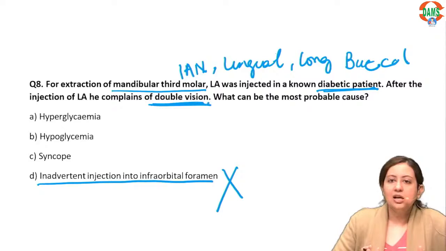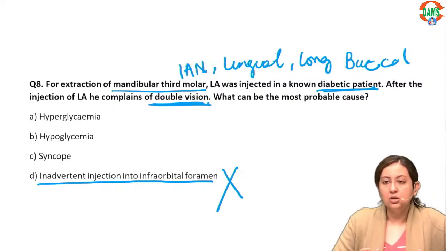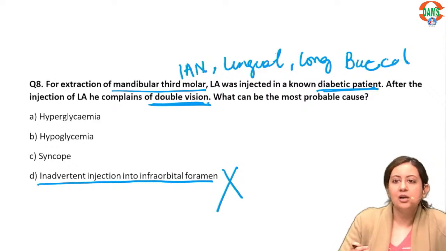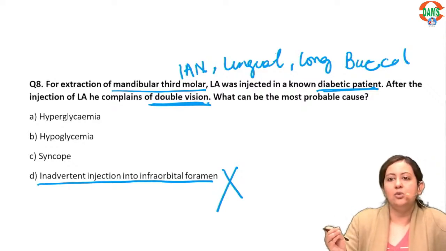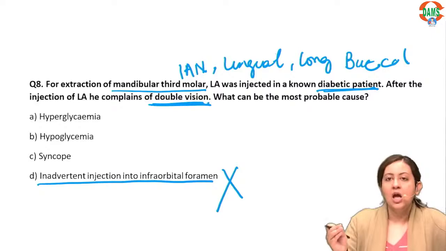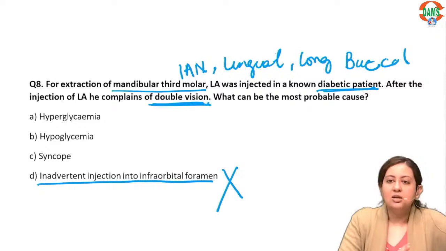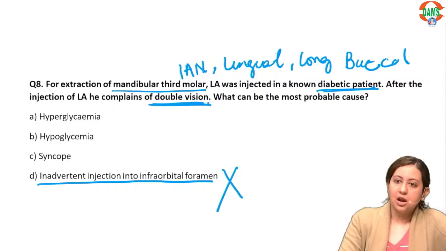When you are extracting a mandibular third molar, you will never, even inadvertently, inject LA into the infraorbital foramen. Like I told you, you will give all these three blocks: inferior alveolar, lingual, long buccal. There is absolutely no chance that you will deposit LA in the infraorbital foramen.